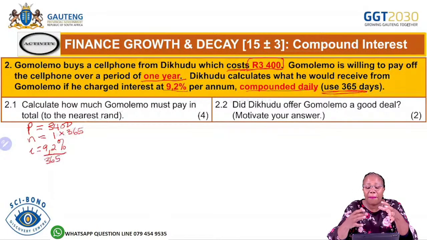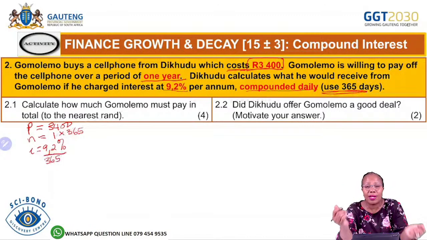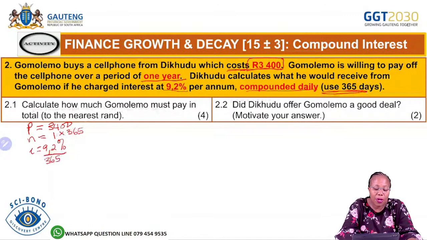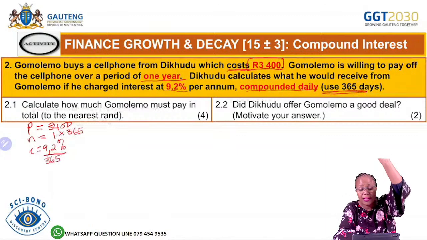Now we have applied everything into our statement with a sense of understanding what is given to us. It's only then that you can look at the question now, grade 12. The first question says calculate how much Khomolemo must pay in total to the nearest cent. Remember now, if an interest is added, that means the value is going up, right? That is the first thing.